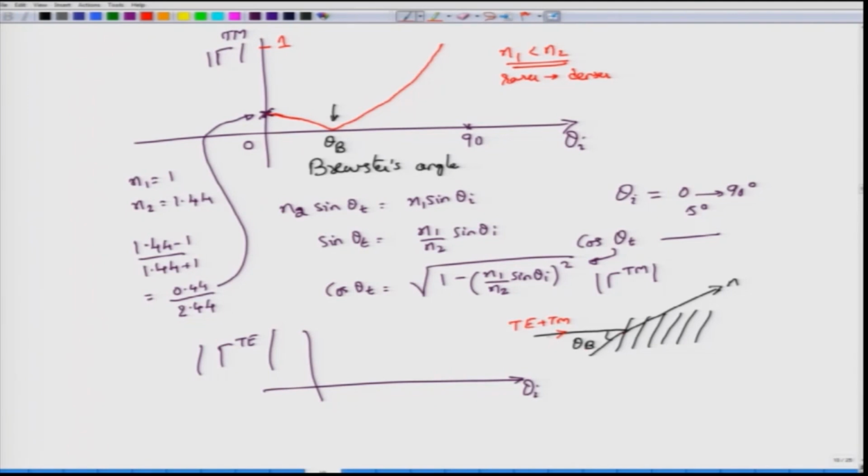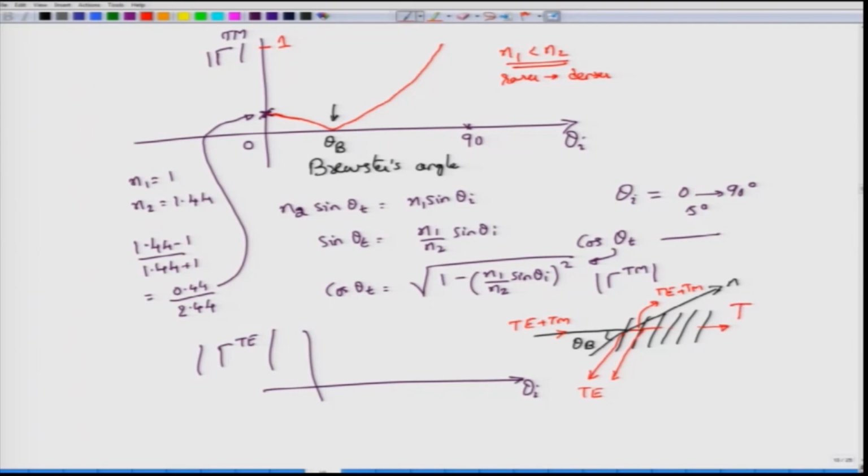What happens is, because this is incident at an angle theta b, the wave that continues next would be completely TM, and there will be partial reflection for the TE wave, and the next time also there will be partial reflection of the TE wave, TM continues and so on.